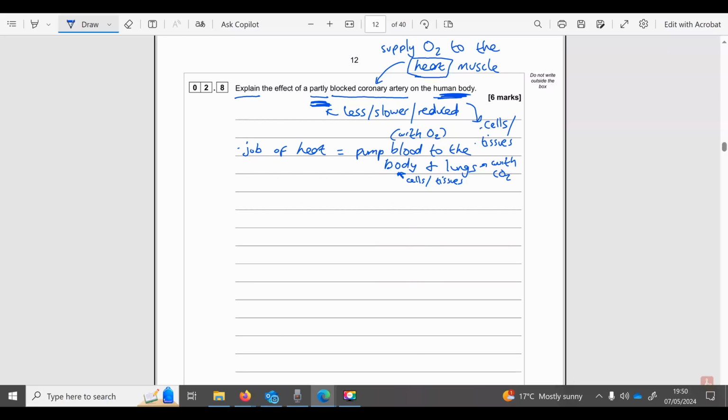So, what would be the reason for the oxygen going to the cells and tissues? Again, it's respiration. For what purpose? What does respiration allow for us to have? It allows us to have energy, provides energy.